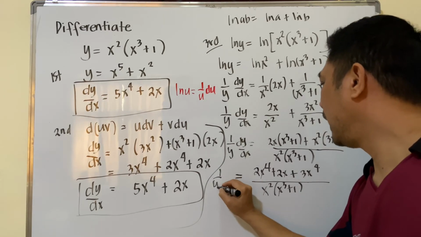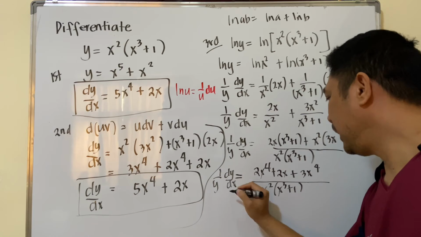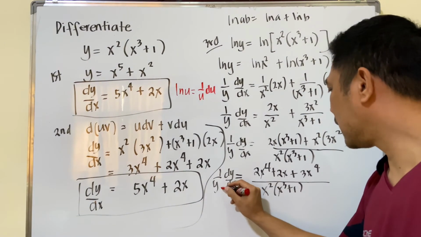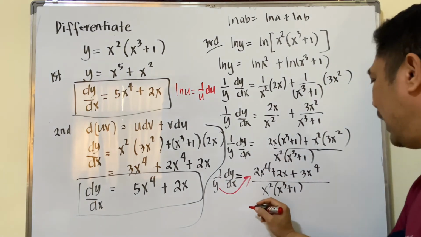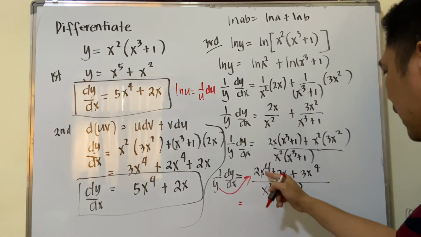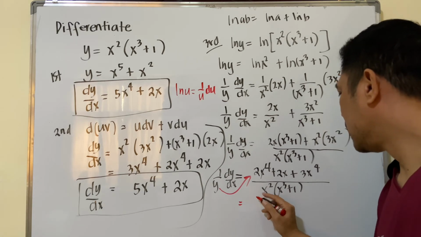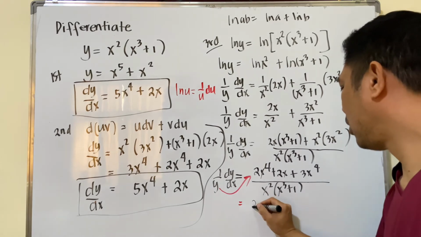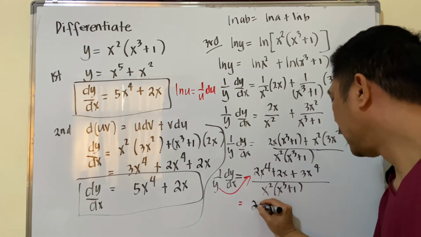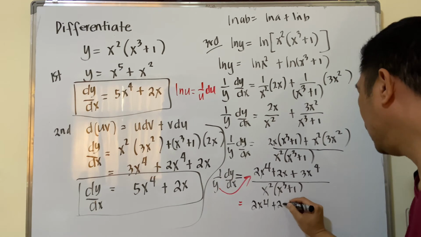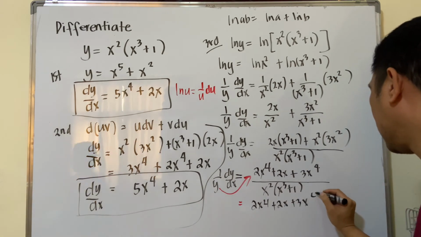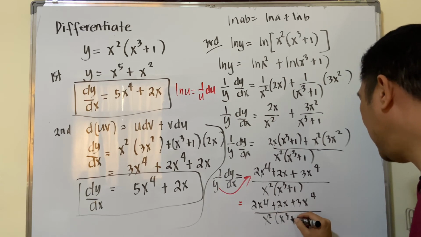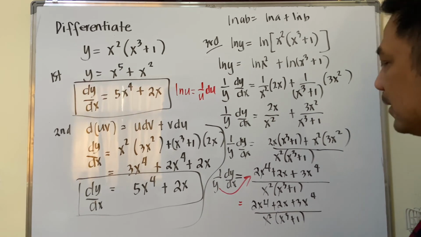If you notice, you have here 1 over y. If you cross multiply, you will have this term: 2x to the 4th plus 2x plus 3x to the 4th over x squared times x cubed plus 1, times y.